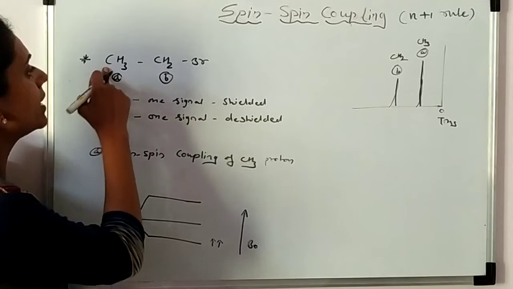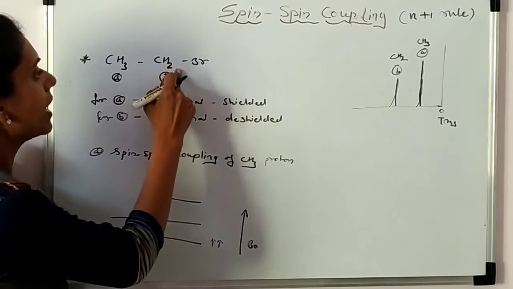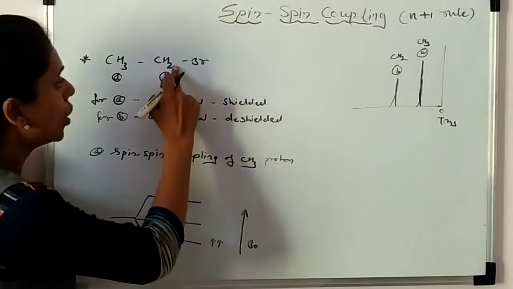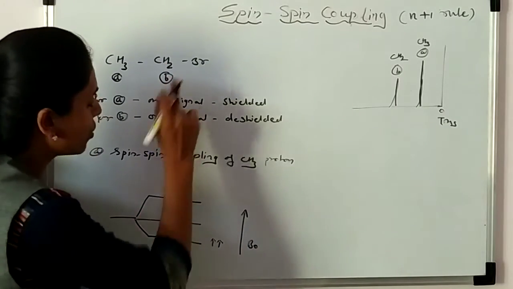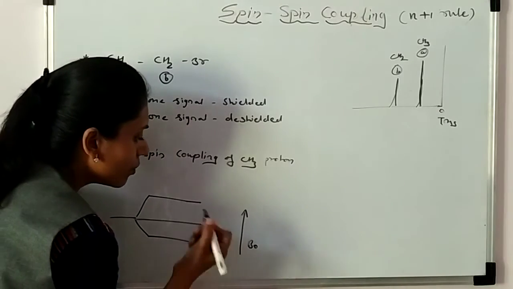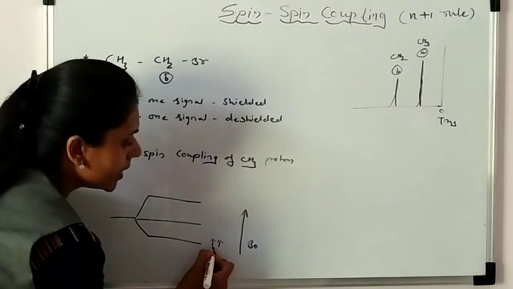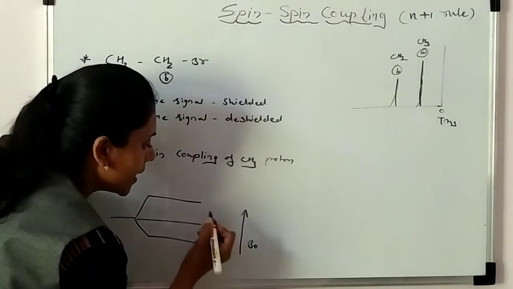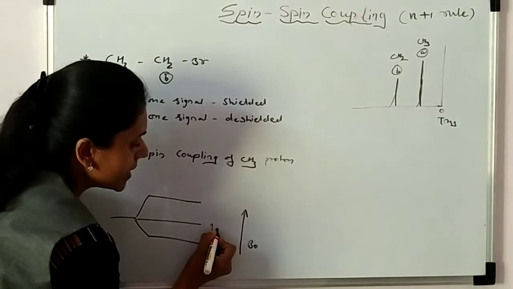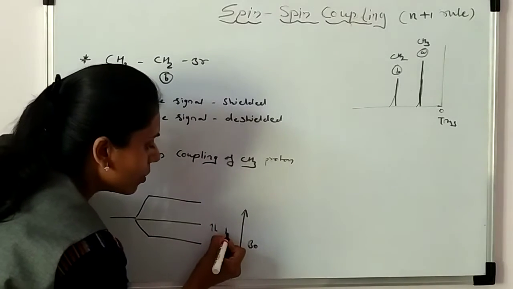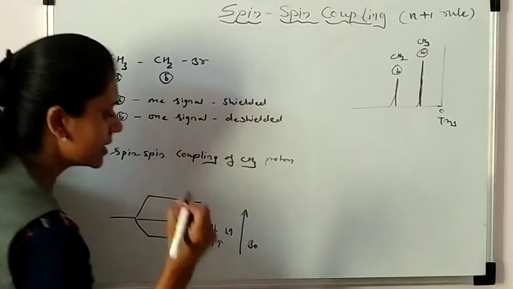For the splitting of this CH3, we have drawn or taken these CH2 nuclei, that means these 2 nuclei of each proton. Now, when we increase the energy, what will be the case? Here, both are in the upward direction, and there will be the case where one is upward and one is downward, or the first one is downward and the other one is upward.